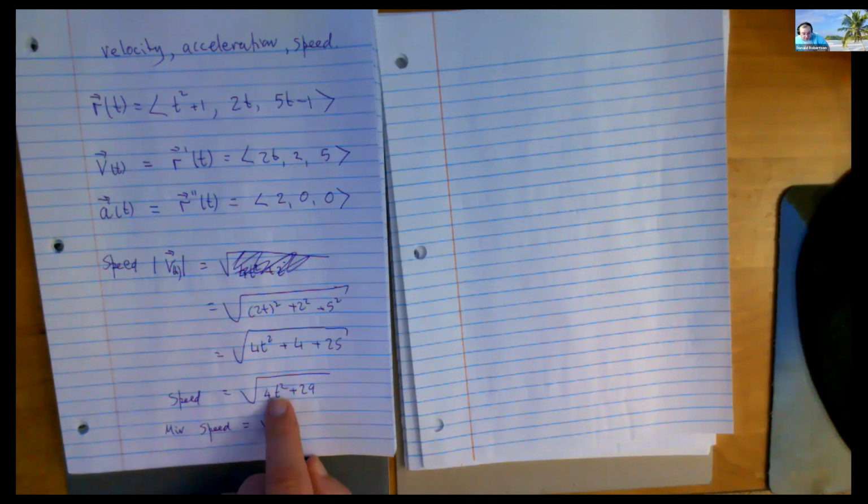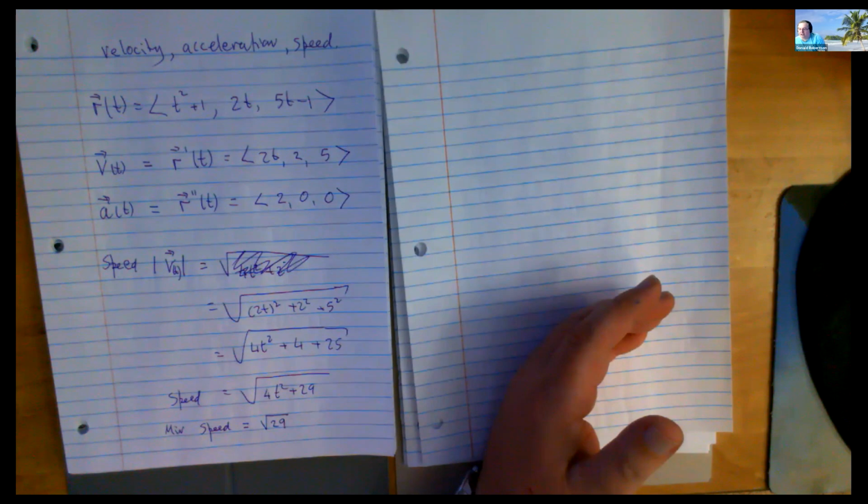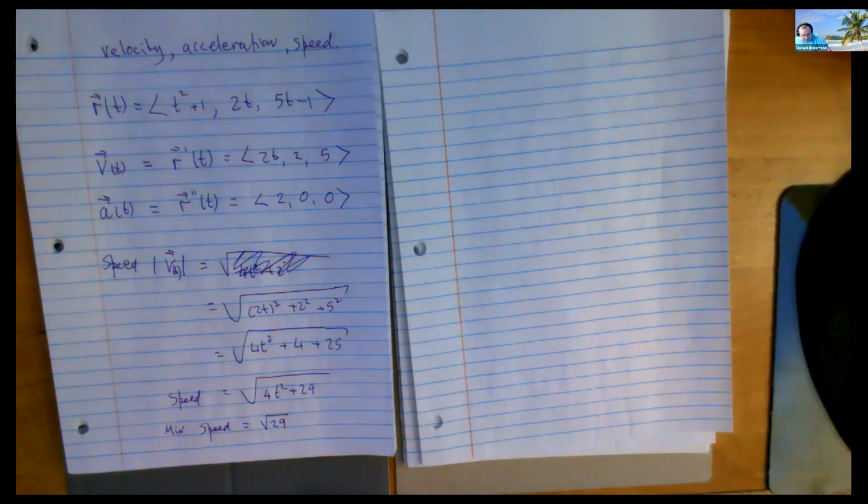Would you agree that this function, theoretically at least, as t gets bigger, the speed gets bigger? At t equals 10, it's big, but at t equals 1,000,000, it's scarily big, right? So I'm getting some insight into the movement of this object, this space curve. Doesn't it always do at least the square root of 29? And that's only going to happen at t equals 0.